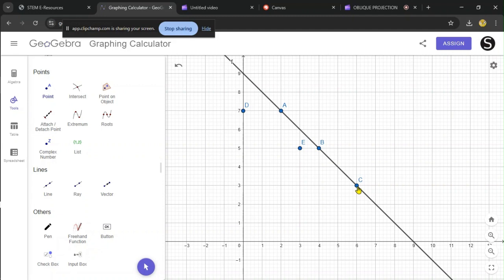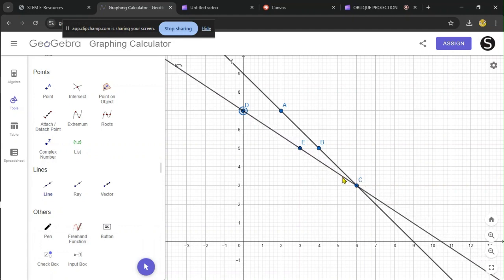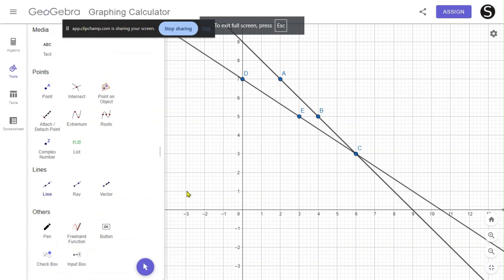So I join them. I use a line and I begin from there and I join them exactly. All right. So we have ours like that. So now I have my points like that.